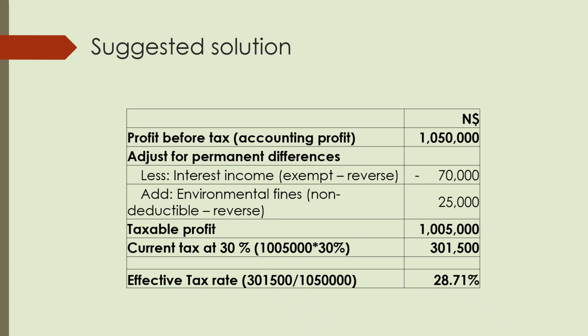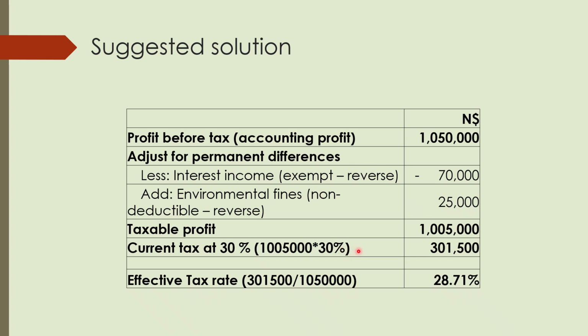We therefore deduct this interest income from the accounting profit, and we add back the environmental fines that are not allowed as a tax deduction. We will then get a taxable profit of 1,005,000 Namibian dollars.